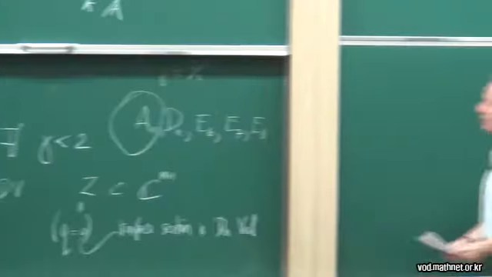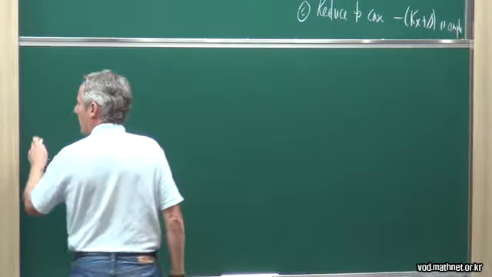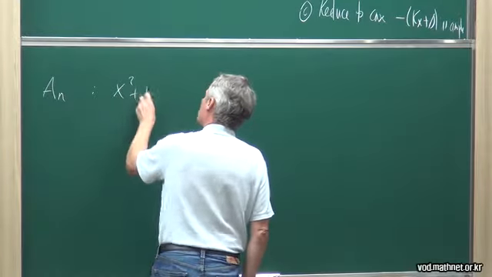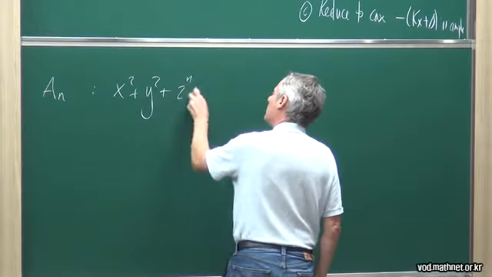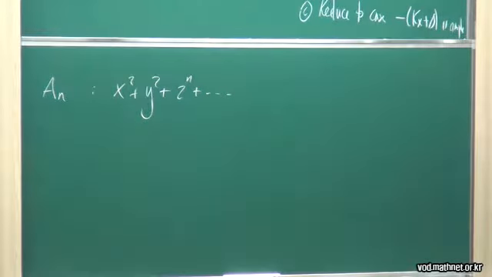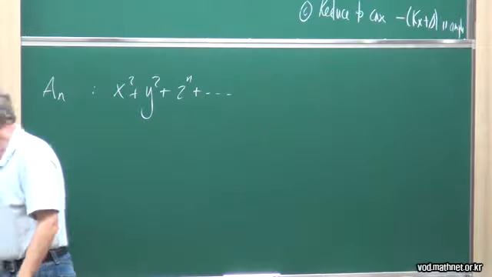This is just a surface argument. So A_n looks like x squared plus y squared plus z to the n plus dot dot dot. That's what A_n means for a surface. And then the dot dot dots are the hyperplane sections.